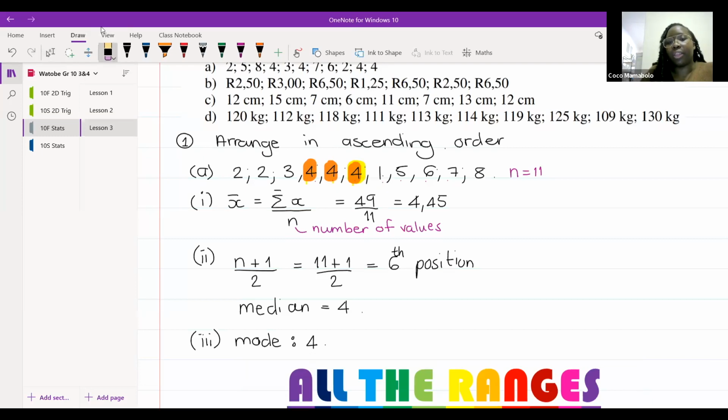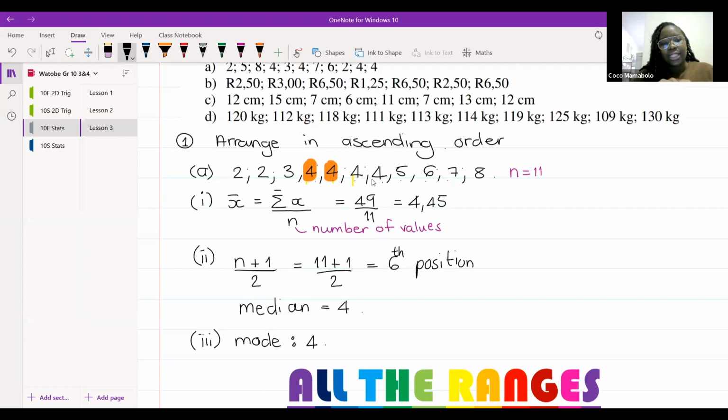Now, the thing is that we're going to get to a situation where we have an even number of data values. Then your median is going to be in between 2 numbers, especially when you have a ton of data.